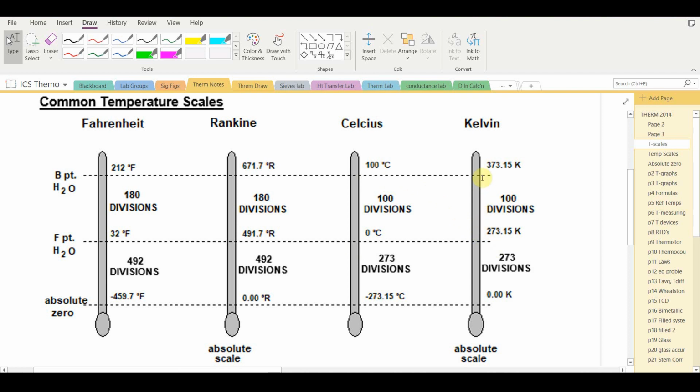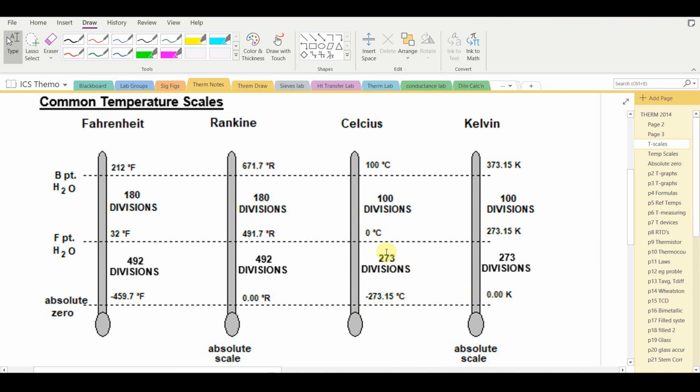A 1 Celsius degree temperature rise is equivalent to 1 Kelvin degree temperature rise. The only difference between the Celsius and Kelvin scale is that all the Kelvin temperatures are 273.2 degrees higher than the Celsius scale. Since we want to make absolute zero on the Celsius scale become zero, we simply add 273.2 to it.